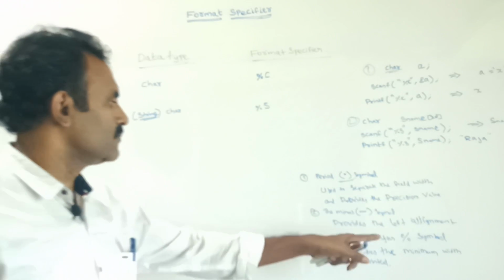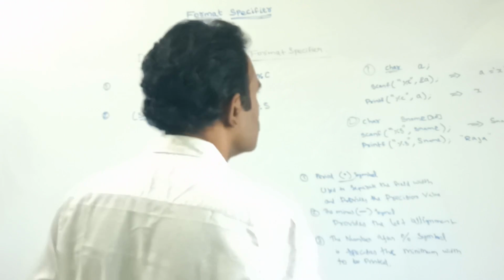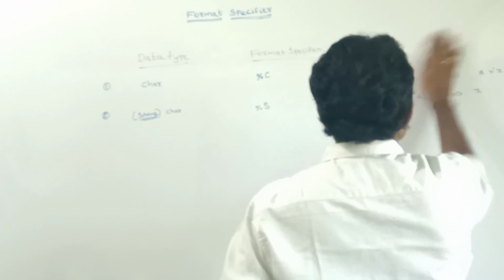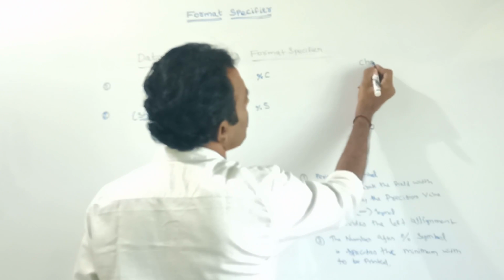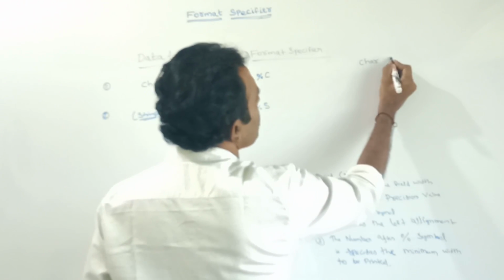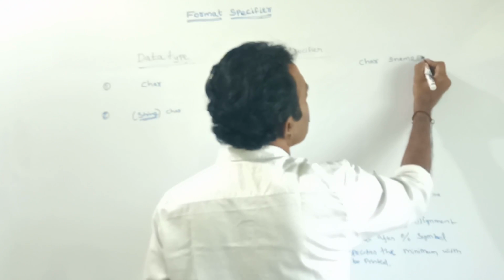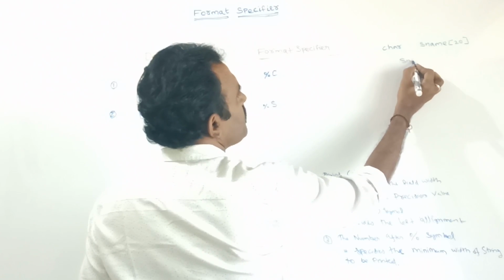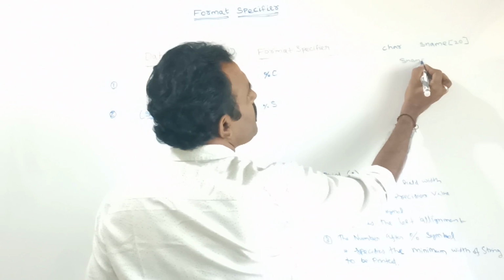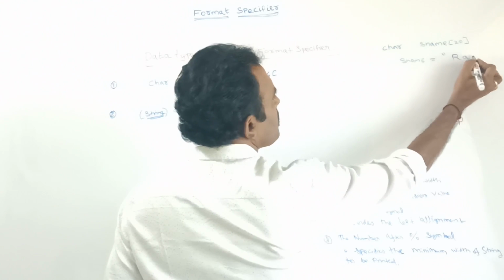Here, for example, let us take a string, that is a character array, s name. If s name holds the value, let us take it as Raja.